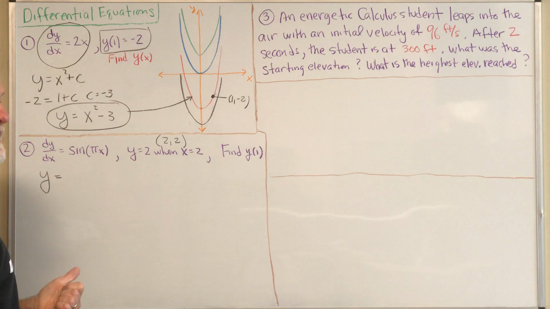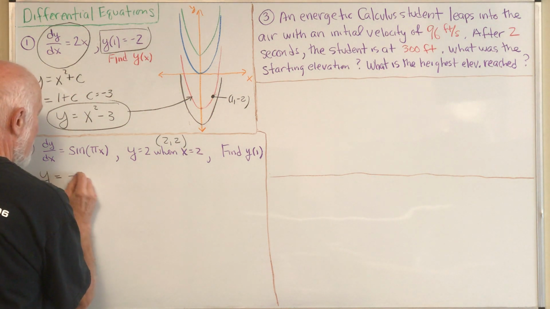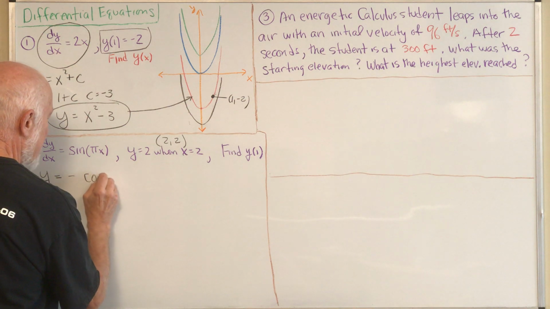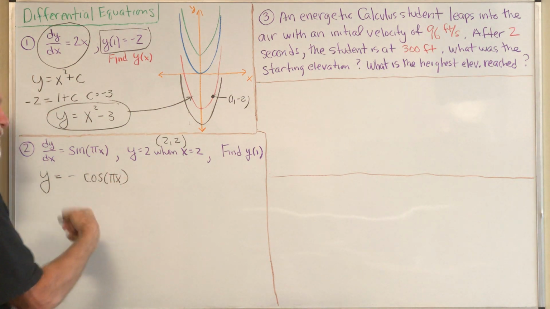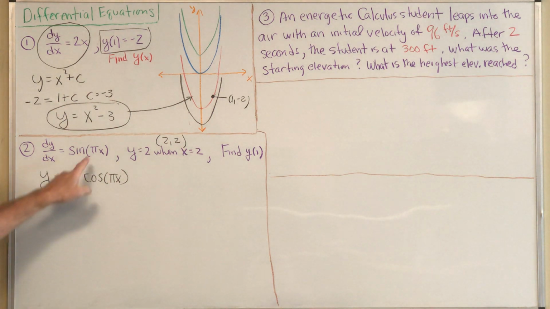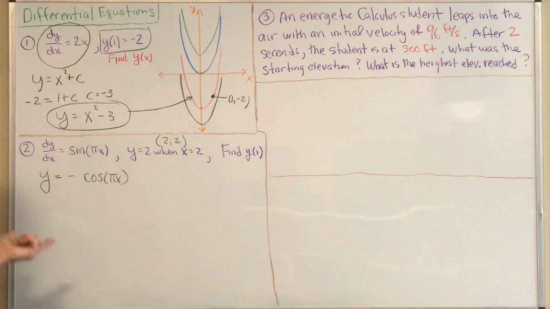What's the sine? We learned that the antiderivative of the sine is minus the cosine. If it was just x, that would be it, minus the cosine of x. But because that pi is in there, we have to divide by pi.